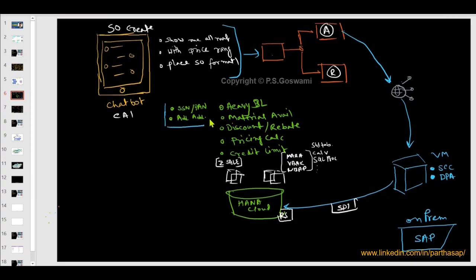So these are the custom tables and these are the standard tables. On top of the standard tables, you can build your business logics. And for custom tables, let's say you want to capture this information from the customer and save it to the custom table, you can do it in HANA Cloud.